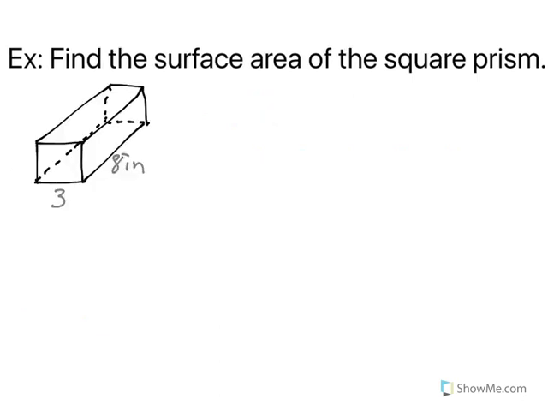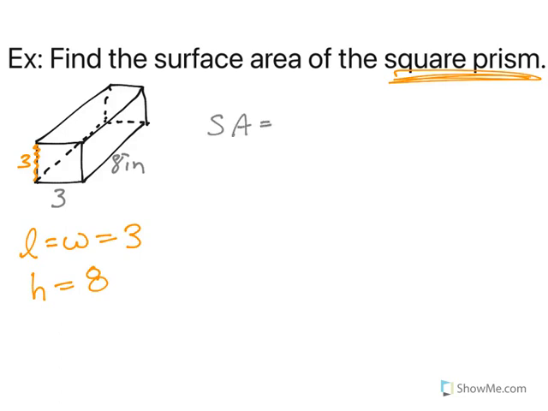And let's do one more that is a square prism. I did this one on purpose because we know a square prism means the length and the width are the same. So the length equals the width equals 3, and the height is 8. I'm a person of patterns, right?